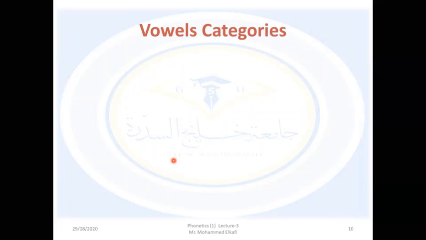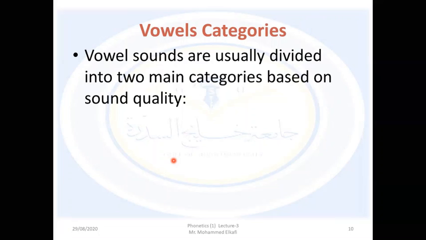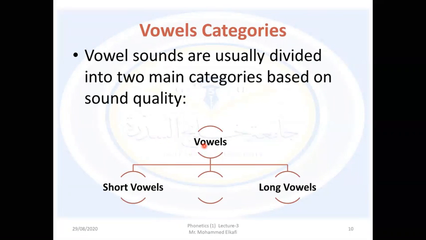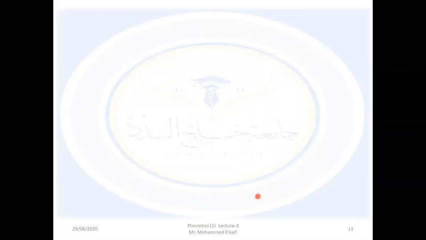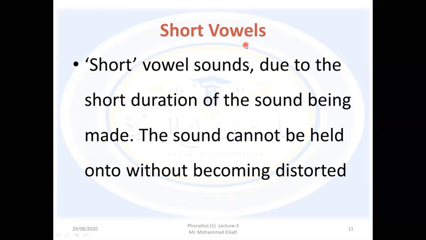Vowels categories. Vowel sounds are usually divided into two main categories based on sound quality. The first category is short vowels, and the second one is known as long vowels.